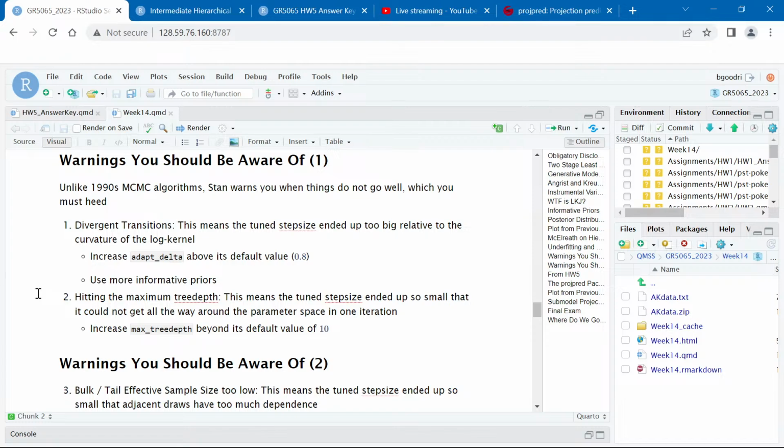To deal with that, you can either increase adapt delta above the default value of 0.8, which causes Stan to take smaller steps, although it takes longer. Or you can change the model, perhaps making more informative priors. I would say that's really only the case if you put in priors that you knew were entirely too weak because of audience considerations or something like that.